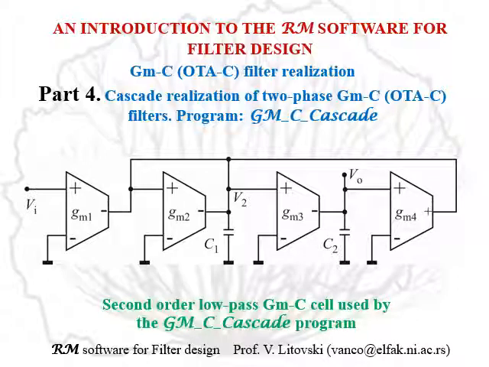Here is one example of a second order low-pass GMC cell, which is obtained by putting A and B equal to 0 and connecting the rest of the terminals properly according to the generic cell.